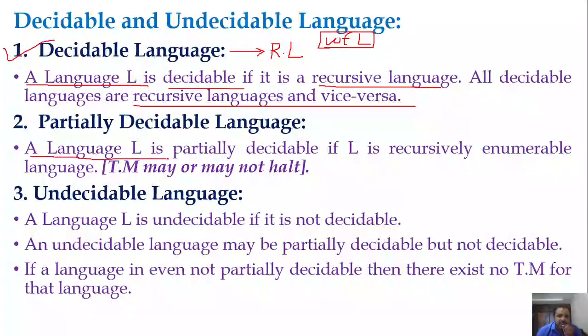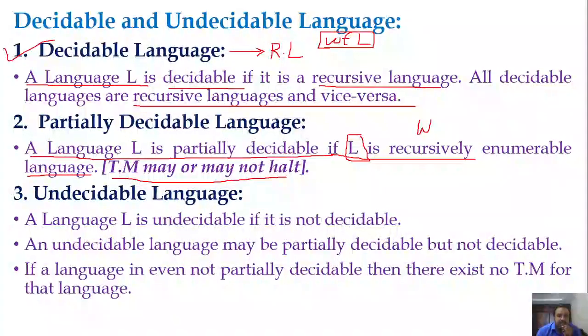Next one, partially decidable language. A language capital L is partially decidable if capital L is a recursively enumerable language. Here the Turing machine may or may not halt. For a given input string W, the Turing machine may or may not halt.